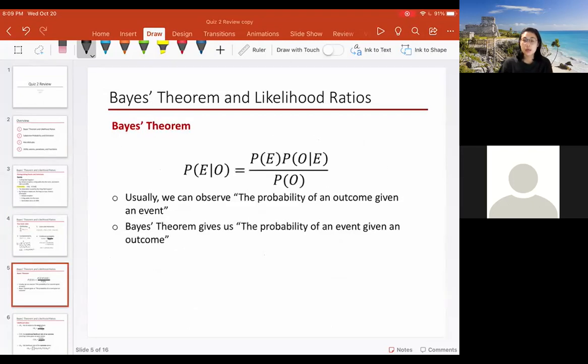This is just Bayes' theorem. And really why Bayes' theorem is important is because we want the probability of an event given an outcome. This is something that we cannot observe, typically. That's why we must calculate it with Bayes' theorem.